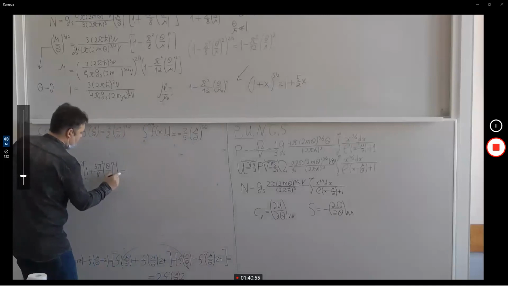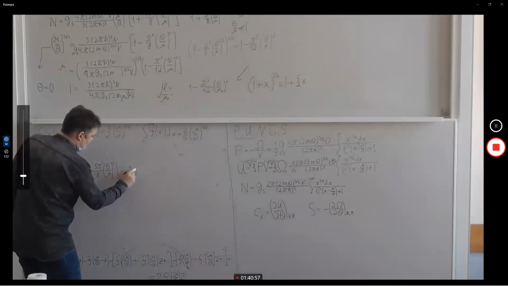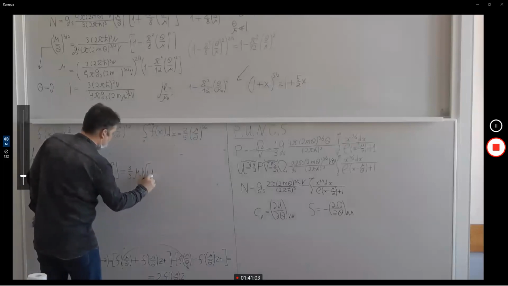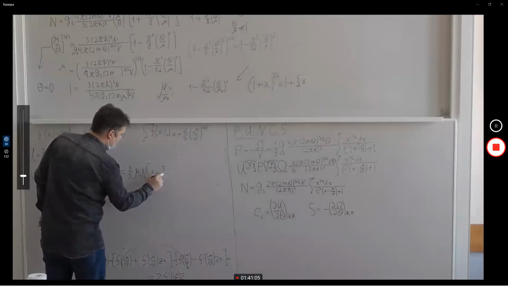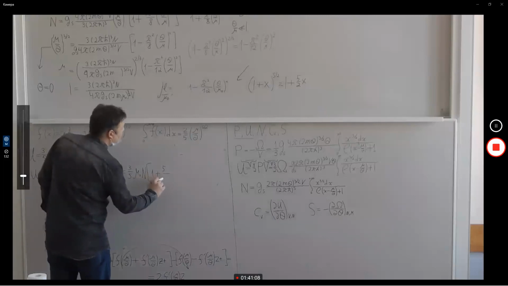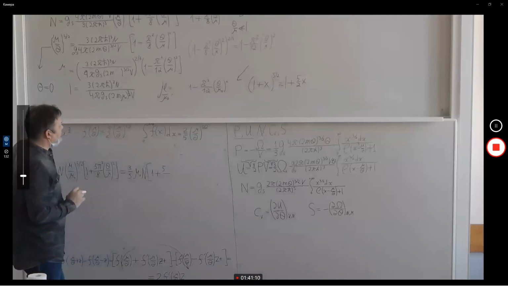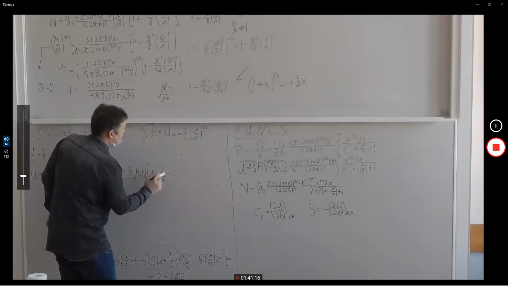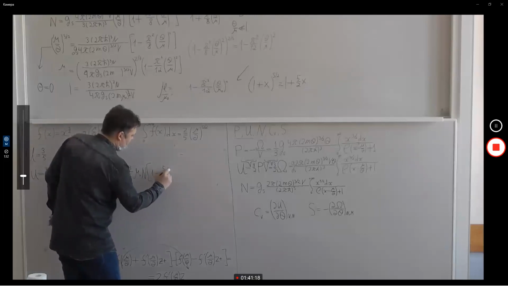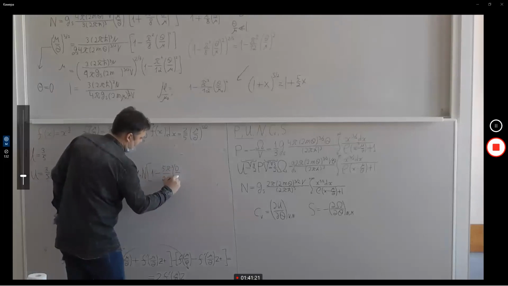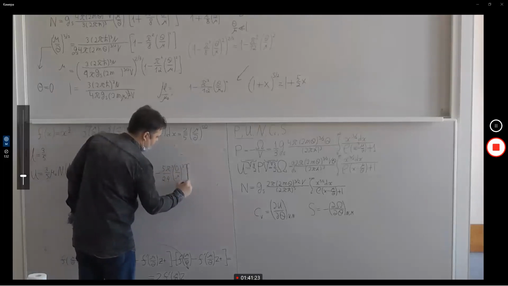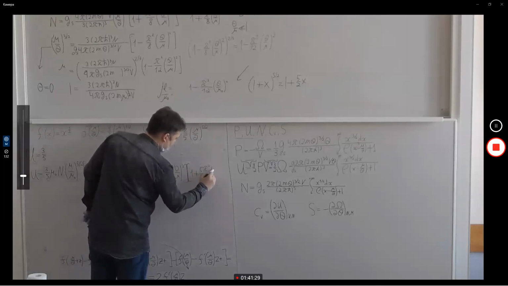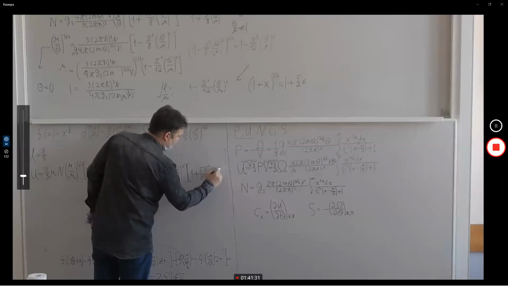I get 3/5 mu sub 0 n, 1 plus 5 over 24, minus 5 over 24 pi squared theta over mu to the second power, here 1 plus 5/8 pi squared theta over mu to the second power.